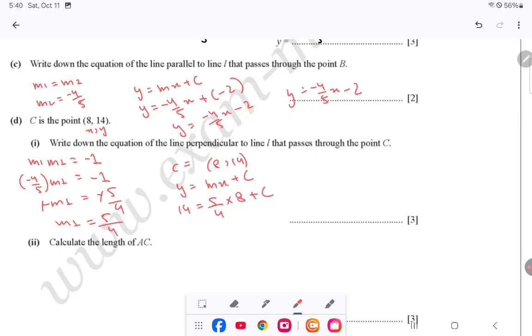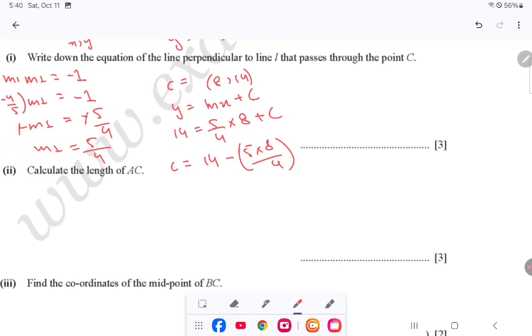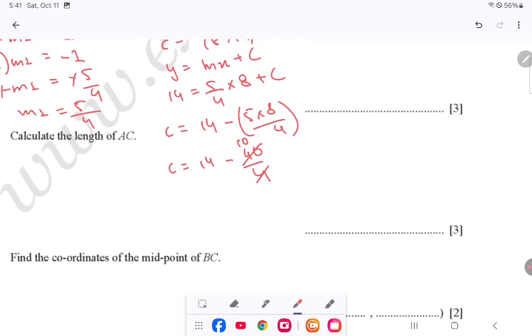We have to calculate the c to put in the line equation. c is equal to 14 minus 5 times 8 over 4. If we subtract both sides by 5 times 8 over 4, c is equal to 14 minus 40 over 4. 4 and 40 cancel out, leaving 10. c is equal to 14 minus 10, so c is equal to 4.